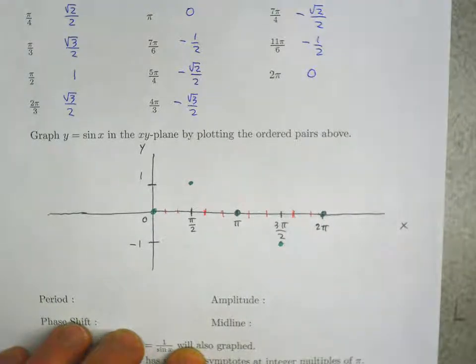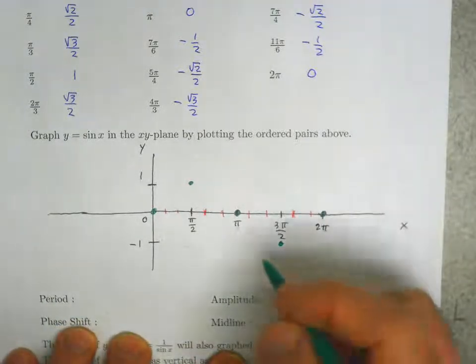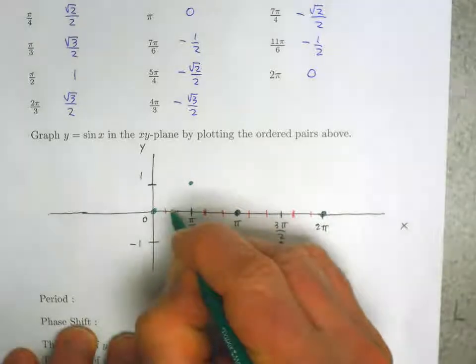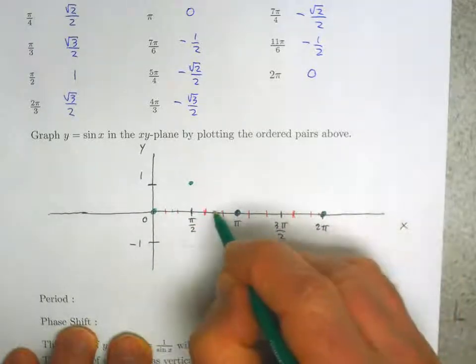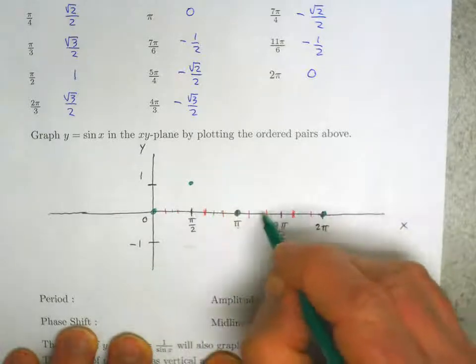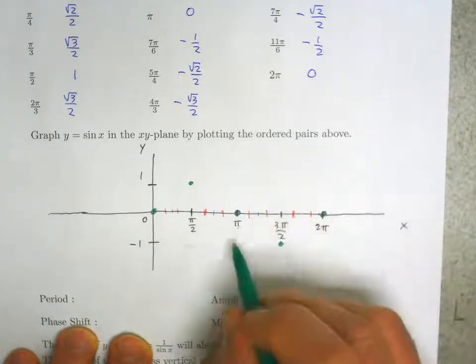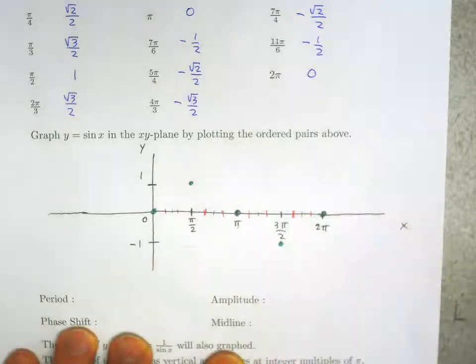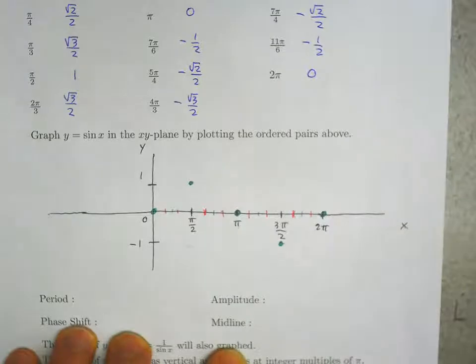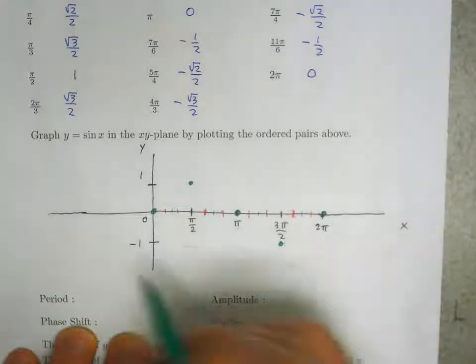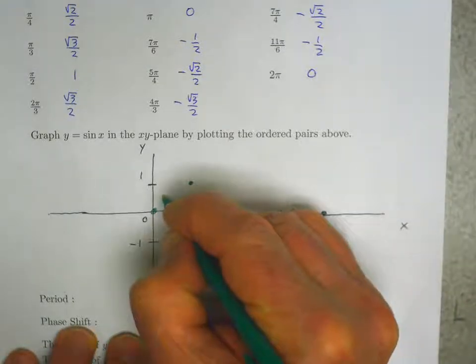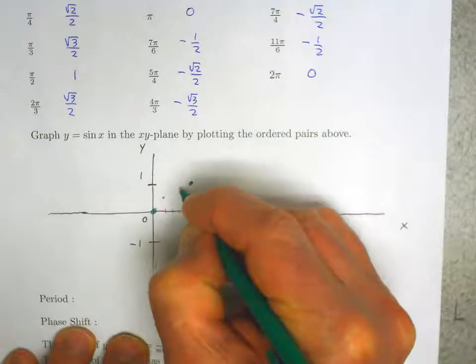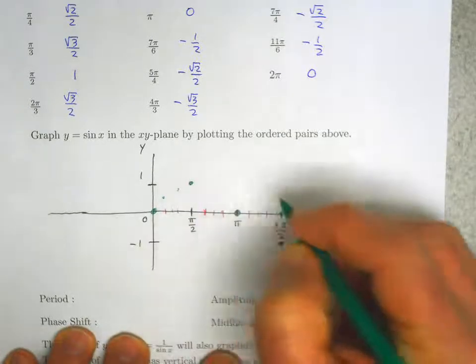I skipped over the pi over 4, 3 pi over 4, 5 pi over 4, 7 pi over 4. Those are just the midpoints of those intervals. Okay, but if you plot those other points, we'll just get points that look something like this.